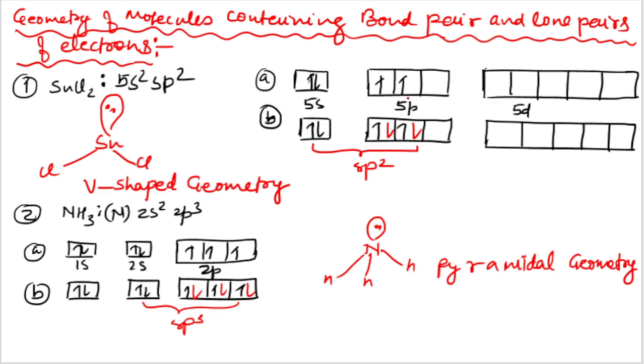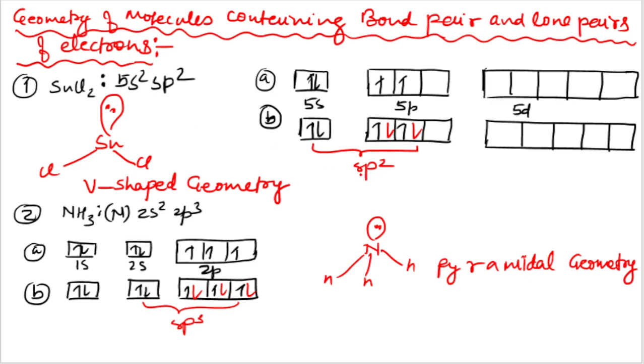So in the ground state, this is the electronic configuration and filling of electrons. But here only two bonds are formed, with two chlorides. So two bonds are formed, so two electrons are enough for pairing with chloride ions.